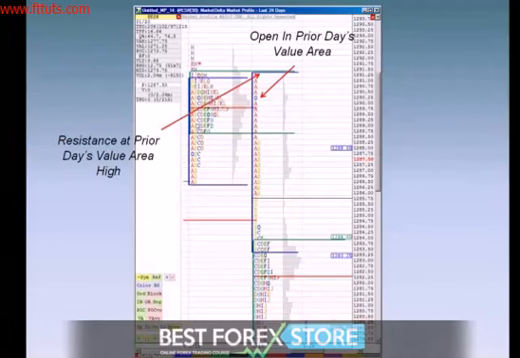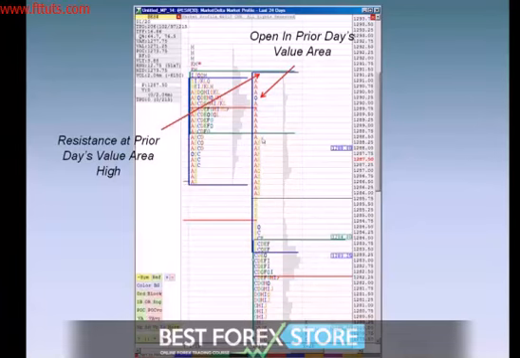Now, you can see that we had strong resistance at the prior day's value area high, and therefore when prices continue to drop lower, the next test is here. What happens at this point is they continue to drop even lower. Now, B period opens, and notice where it opens, almost near the low of A period.